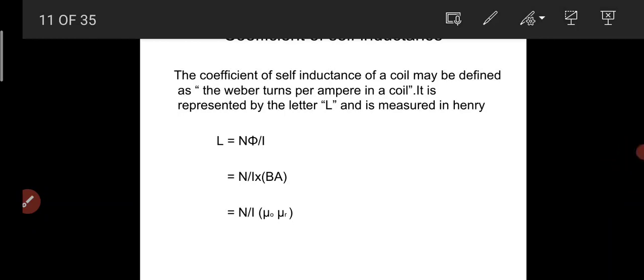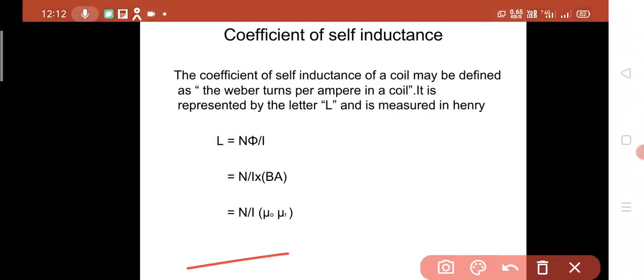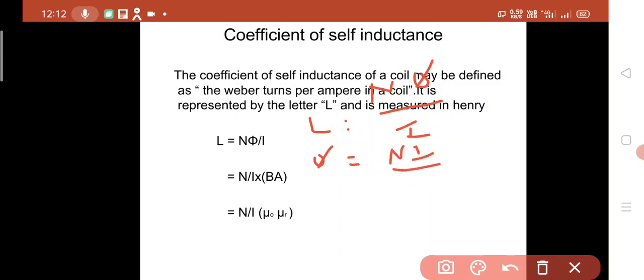So the self inductance L is equal to N phi by I. The flux phi is equal to NI by S, that is, MMF by reluctance, in Webers.